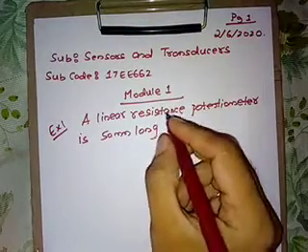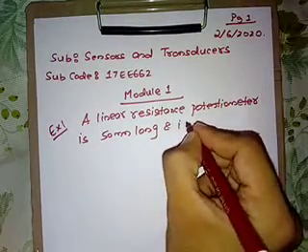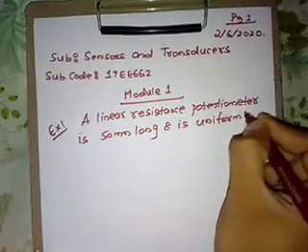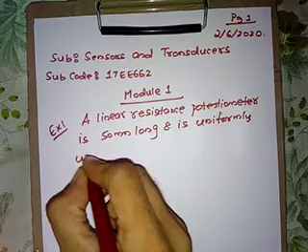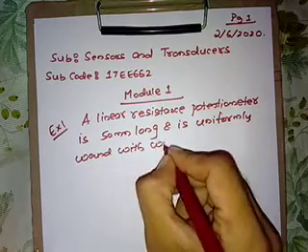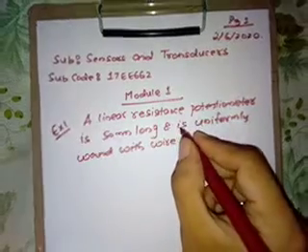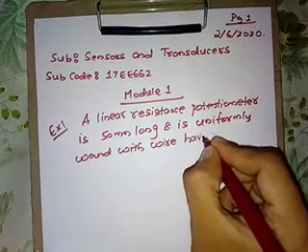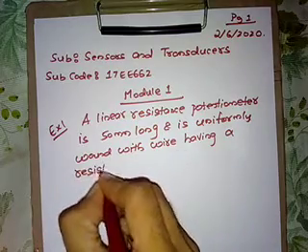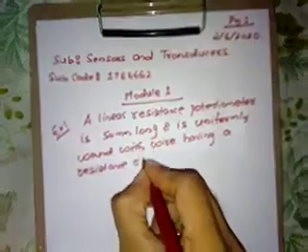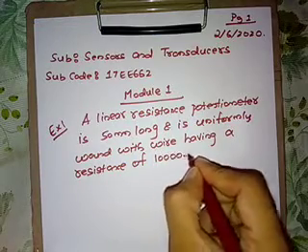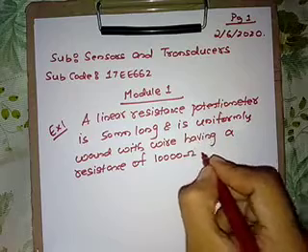So they are given the length, and it is uniformly wound with wire having a resistance of 10,000 ohms. The resistance R is given.